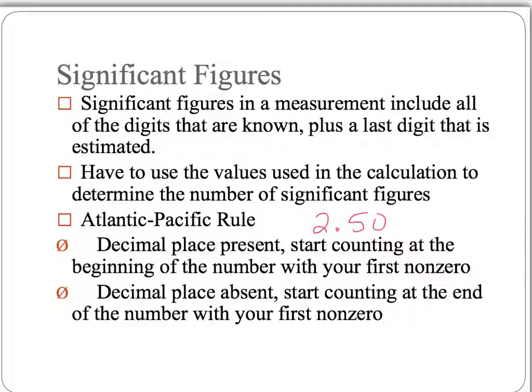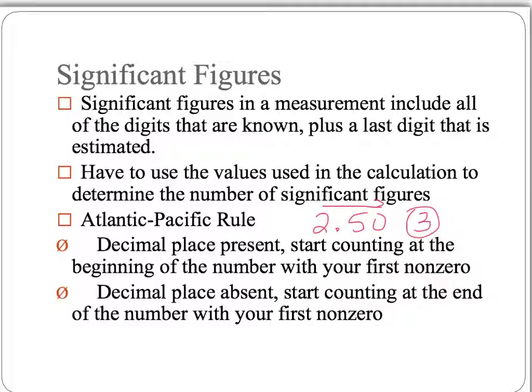So I'm going to start counting at the beginning of the number, with my first number that is not a 0. The fact that I start with the number 2 means I start counting and that 2 is significant. Once I start counting, I continue counting to the right. So this number would have 3 significant figures in it.